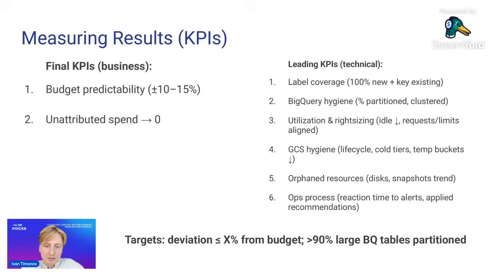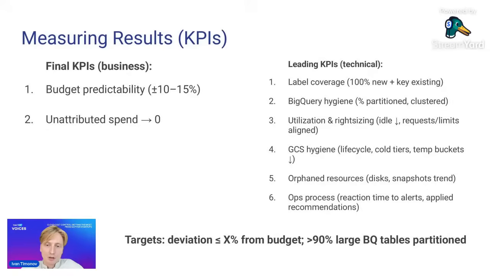Leading KPIs. These are what the team can influence every day. They explain why unit costs and predictability are changing. For example, label coverage. All new resources and key existing ones have mandatory labels.